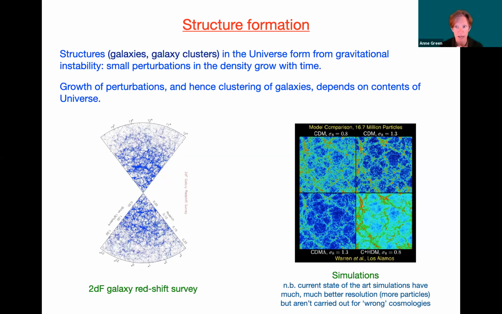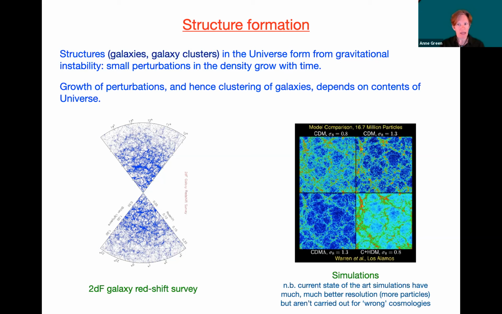And so small galaxies wouldn't form. They flood out into the voids. The contrast between the overdense regions and the voids is less than it would otherwise be. I'll talk in a bit more detail about that in a moment, but that's qualitatively how structure formation depends on the contents of the universe.